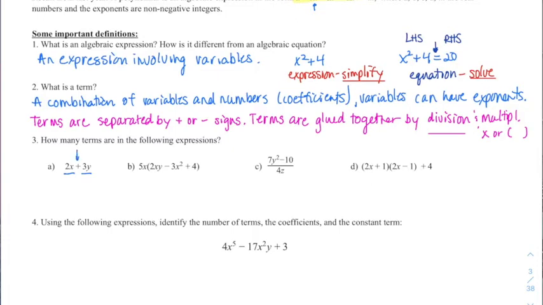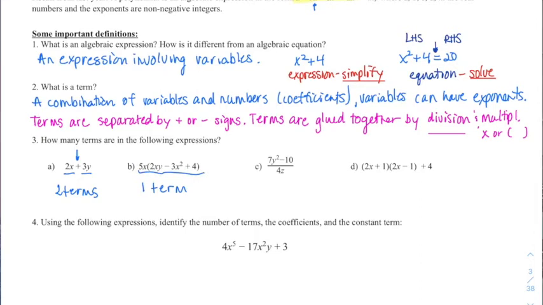Now, for part B, what I would probably get as an answer is either 3 or 4 terms. I get that a lot. Some guys tell me I have 2 terms in this. But actually, the correct answer is there is only 1 term in part B. The whole thing is glued together.